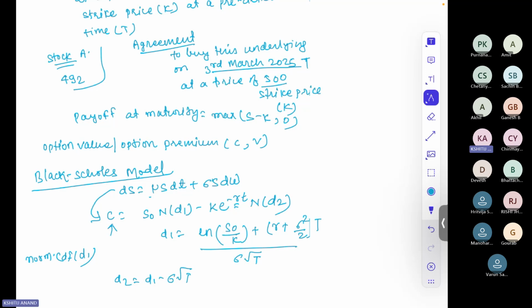Arbitrage opportunity in the sense that your investment right now is nothing, you are not investing anything out of your pocket, and in future you are sure to get a certain amount of money or else zero. That kind of investment is called an arbitrage opportunity. So the Black-Scholes model assumes that that kind of opportunity does not exist in the market. Those are certain assumptions that the Black-Scholes model makes. Any doubt till now?